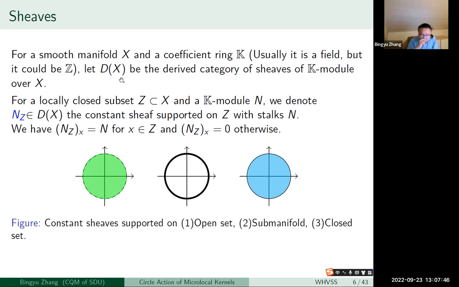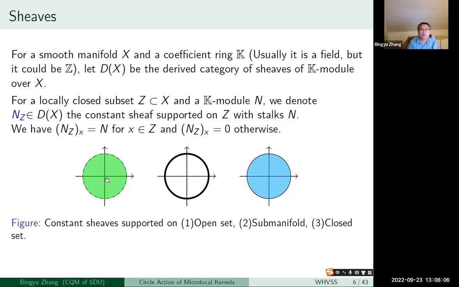Then the most frequent objects we will use are the locally constant sheaves supported on some locally closed set. In this case, we usually just write this sheaf by the corresponding locally closed set.